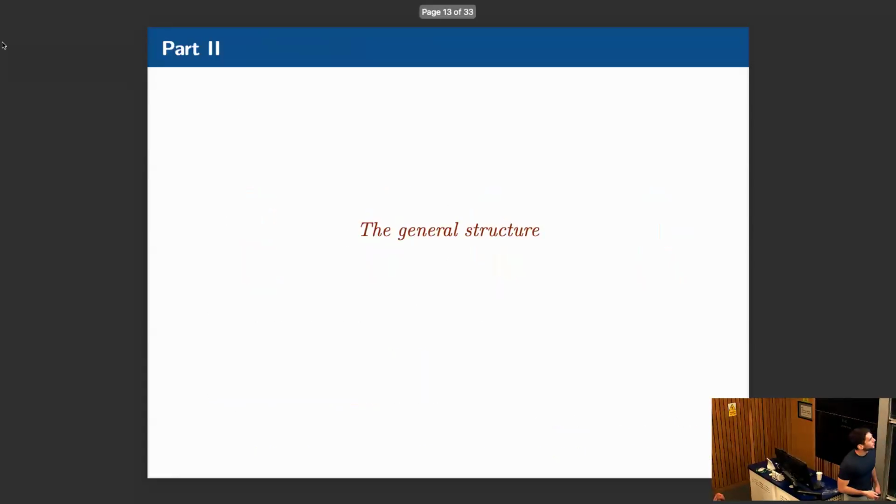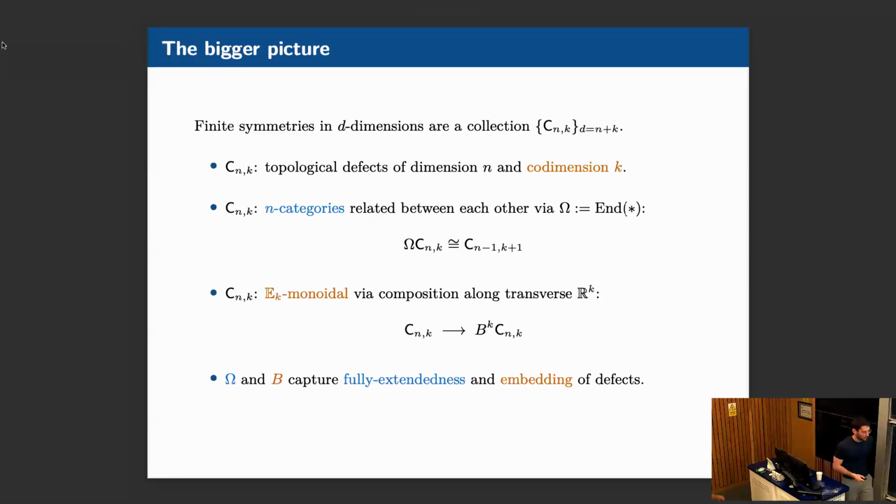So let me now give you the expectations for the general structure that we just saw in action in low dimensions. First, let's look very quickly at what we already know and then see what is actually missing.